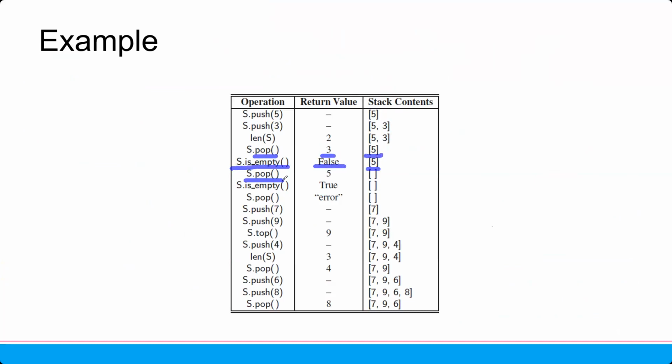I pop again. As the pop, it returns 5. It is the last element in the stack. Now the stack becomes empty. I'm going to check whether it is empty. Yes, it is true because there is no element in the stack. If I do pop, what happens?